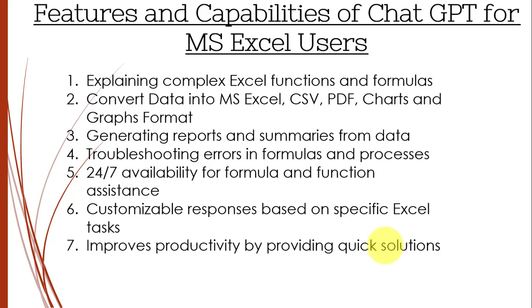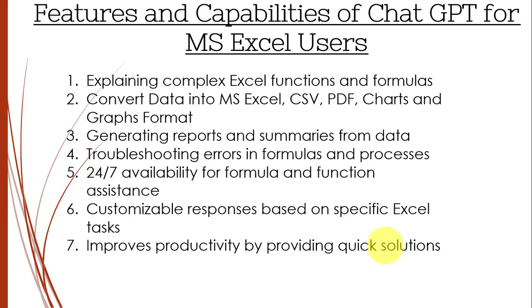The 6th advantage is customizable response based on specific Excel task. It means that if you have a special project and you need to find out the VBA code and any other functions and formula to solve the particular problem or project, you can ask Chat GPT and it will give the solution.